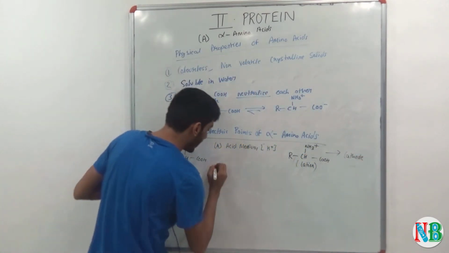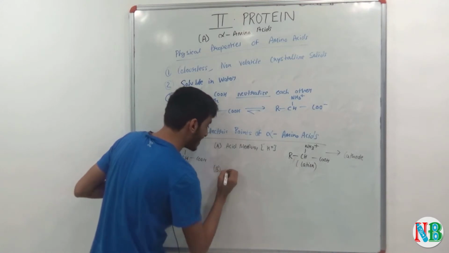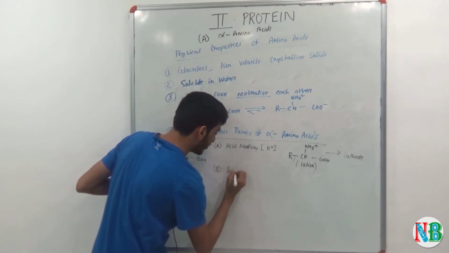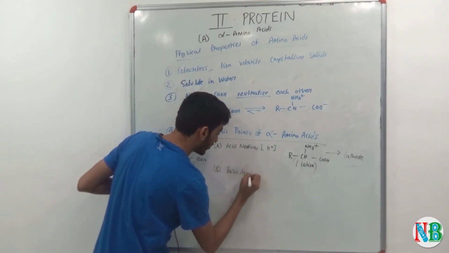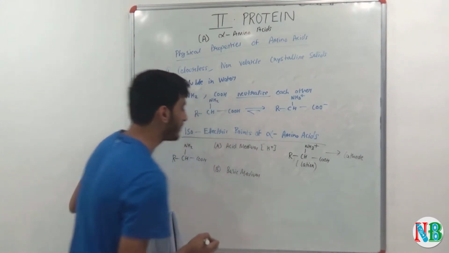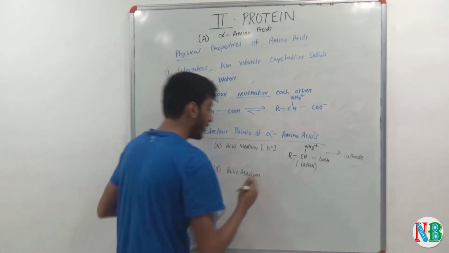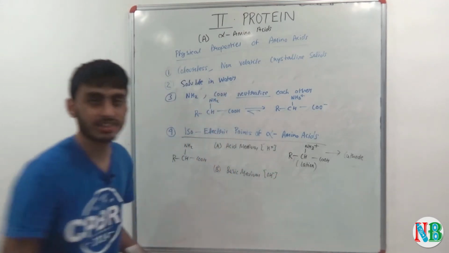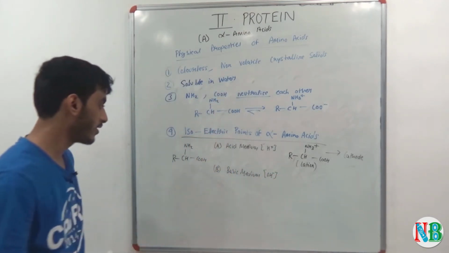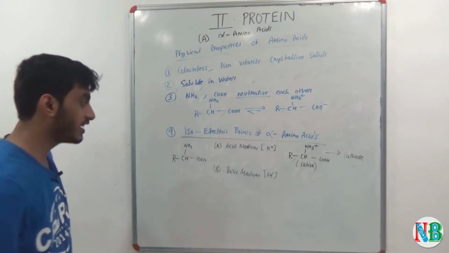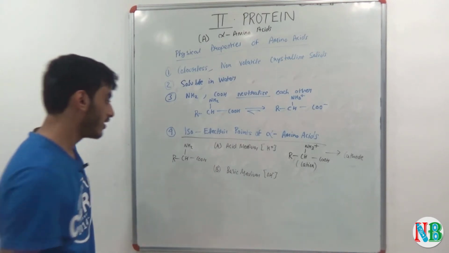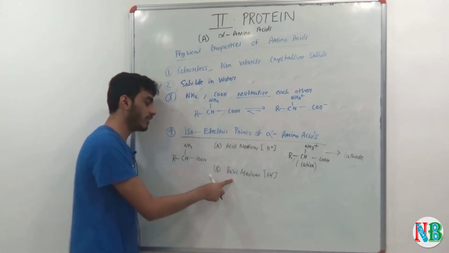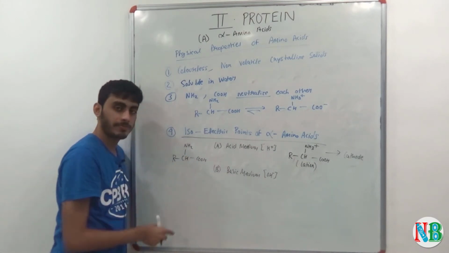Suppose in a similar way, I put this amino acid in a basic medium. In a basic medium, you have more of OH minus ions, or you have a deficiency of H plus ions. So the basic medium will not react with one more base.